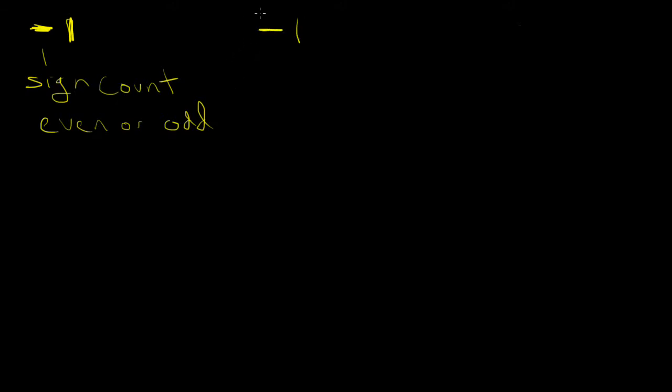It means that if we have a negative sign on a number, like -1, we have to see whether or not the sign count is even or odd to know whether or not the final product or division quotient will end up being positive or negative. So, for example, if we had -1 times -1, we have two negative signs.